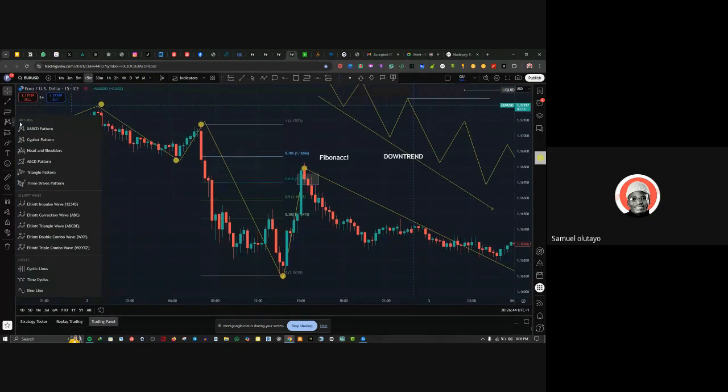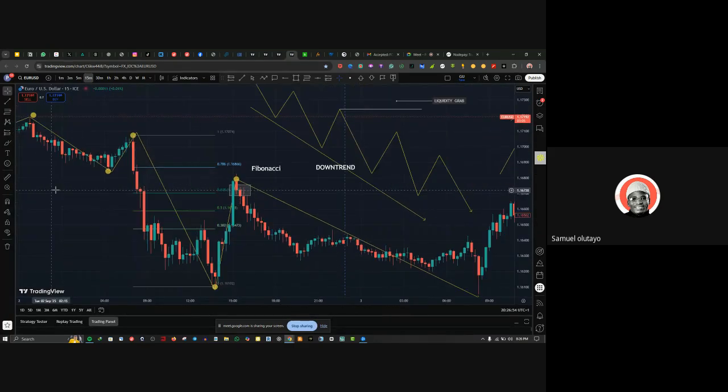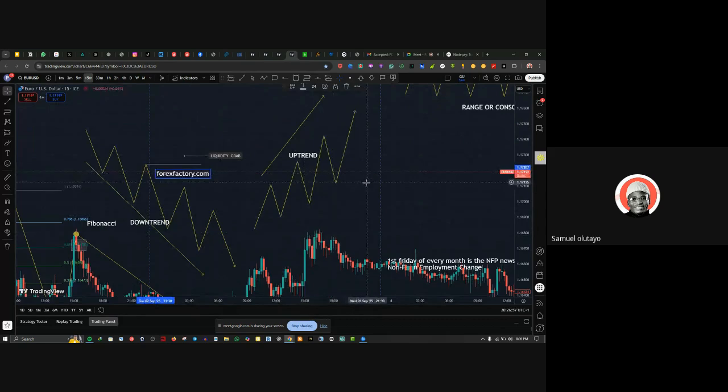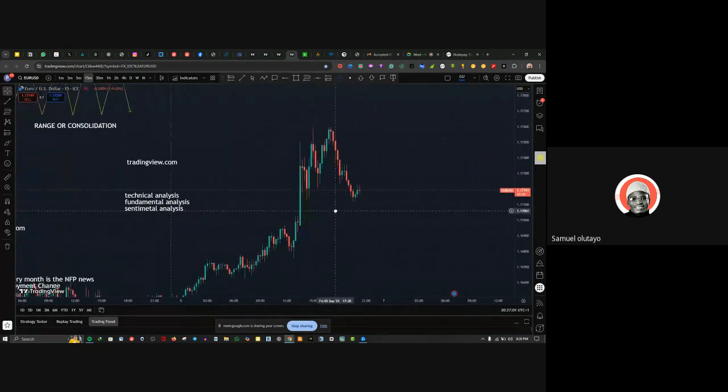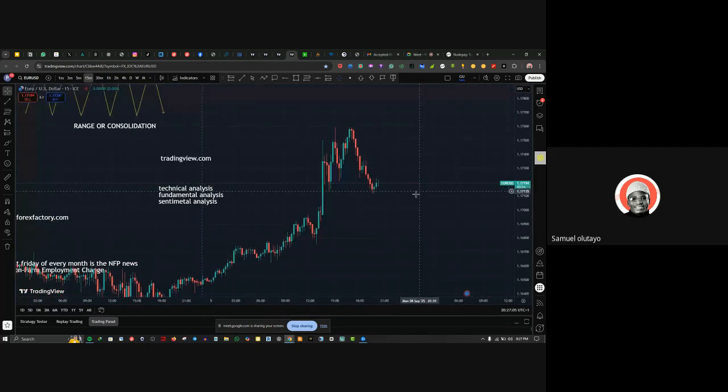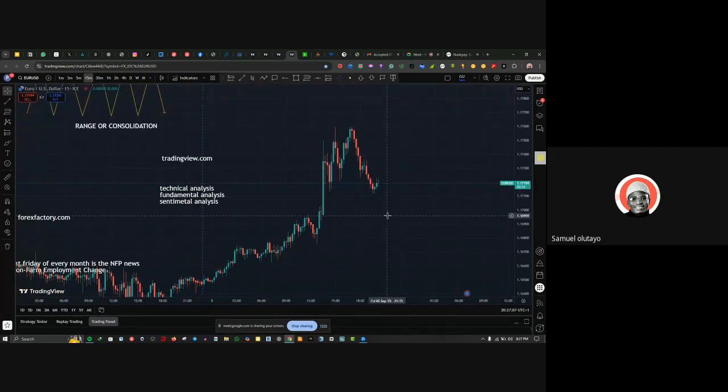The next one I'm going to be showing you is the long short position. You're going to be using this one a lot. What that means is, normally when we are entering a trade, we are going to be risking a percentage of our capital.